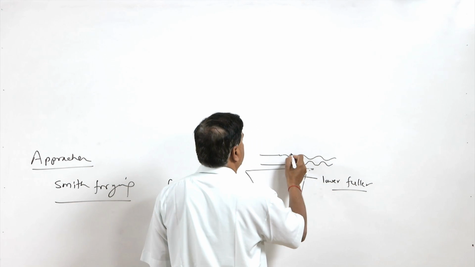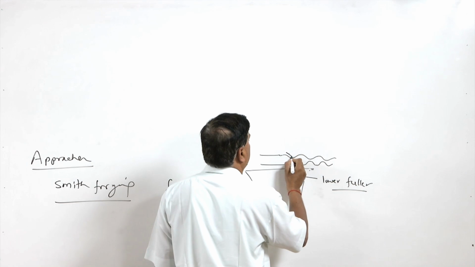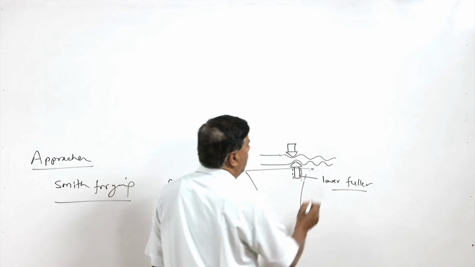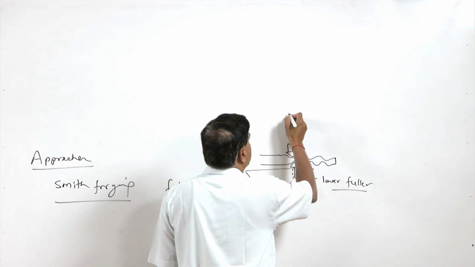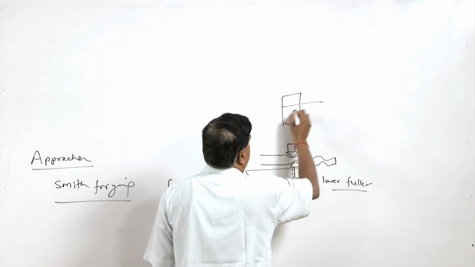So, another fuller is placed here like this, and the metal is beaten with the help of the hammer in this manner.